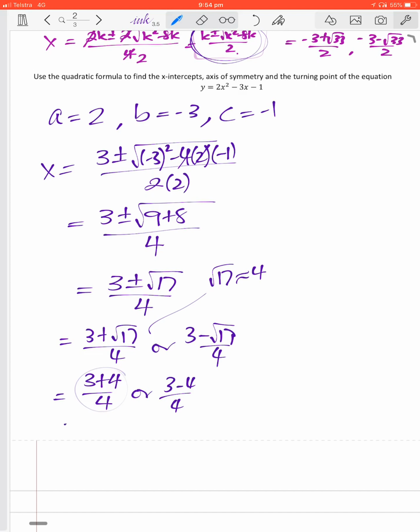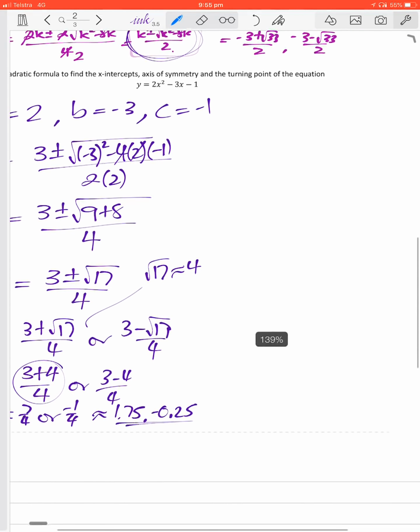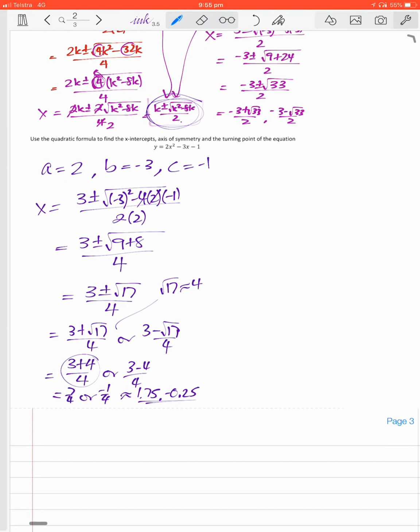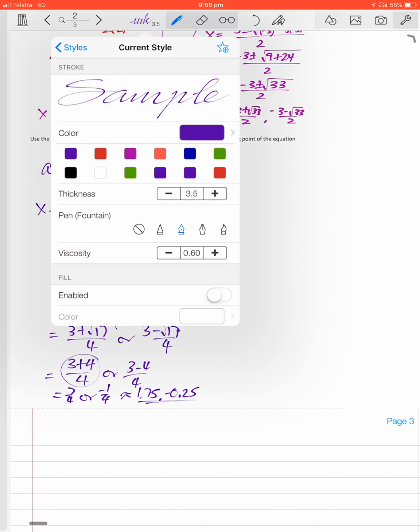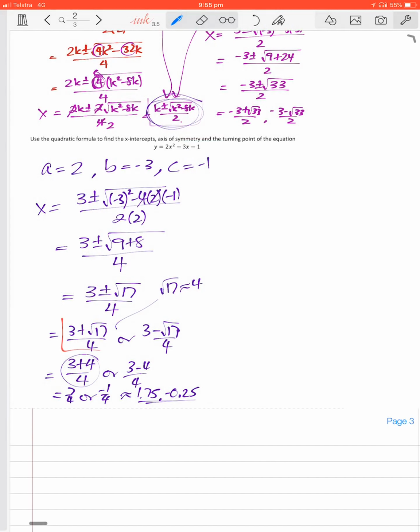So here we would get 7 on 4, or -1 on 4. So it's about 1.75 and -0.25. That's approximately. It's not exact, but it's approximate. Okay, but these are the exact x-intercepts. These values here, 3 plus root 17 on 4, 3 minus root 17 on 4.